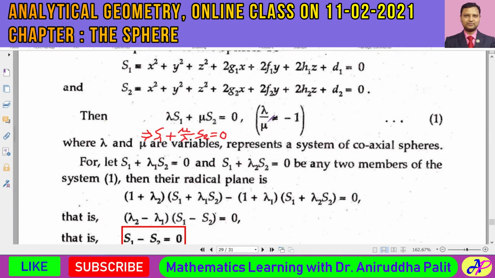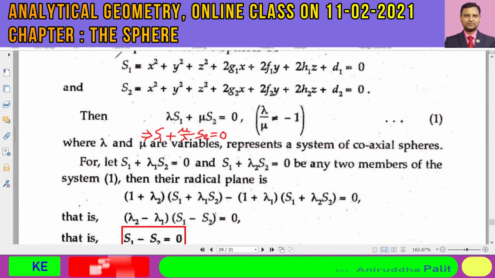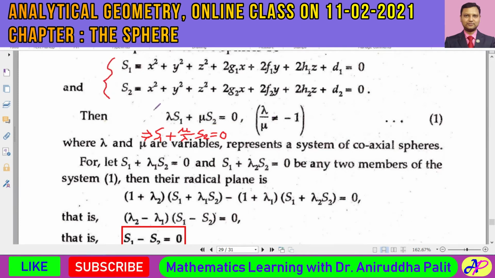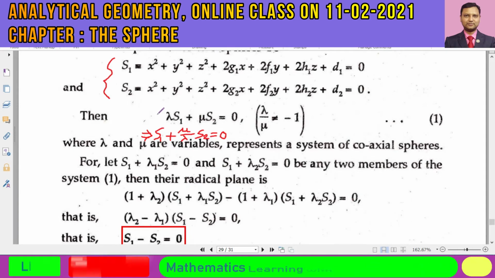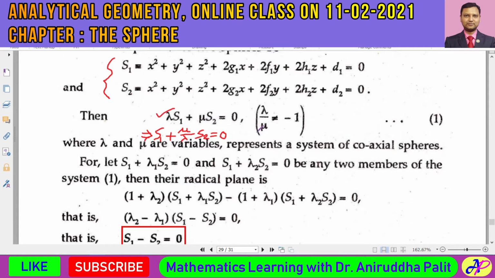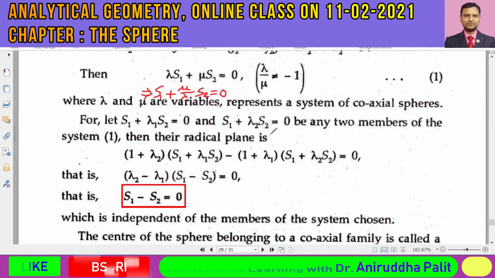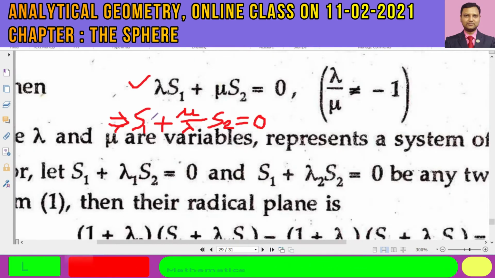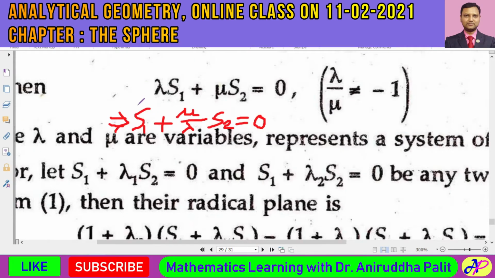Our target is to construct the equation of spheres out of these two arbitrary spheres S1 and S2, which will generate any other sphere provided lambda by mu is not equal to -1. And if we divide this relation number 1 by lambda, then this equation can be written as S1 plus mu by lambda multiplied by S2 is equal to 0. So that would be the equation of a sphere.